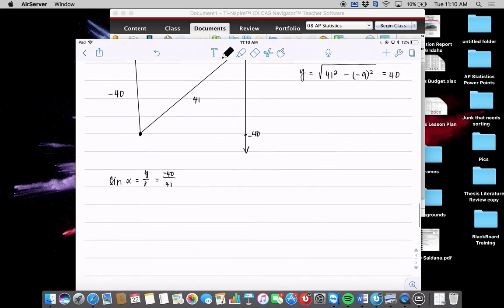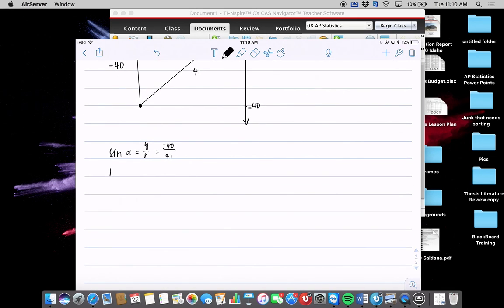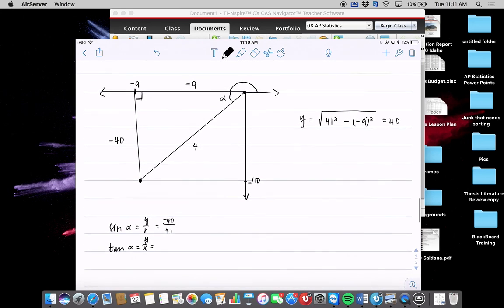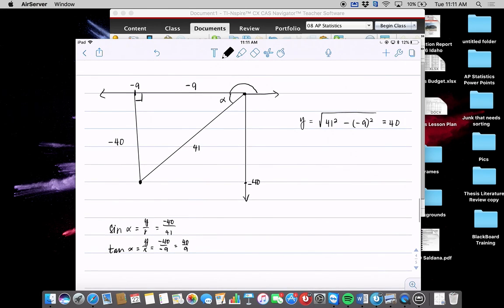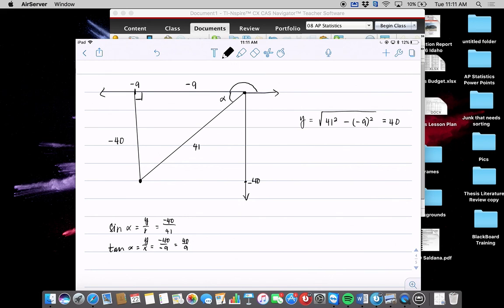Just like you did in the previous example. And then let's say we want to take tangent of alpha. Tangent of alpha is going to be y over x. The y coordinate is going to be negative 40. The x coordinate is going to be negative 9. So ultimately, this is 40 over 9. And we can do that for every single trig ratio that's asked for.